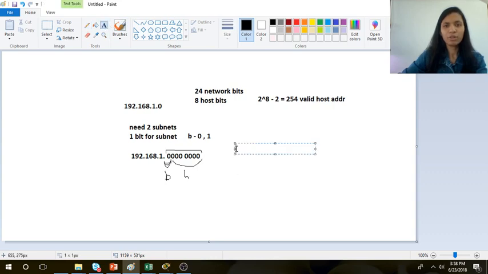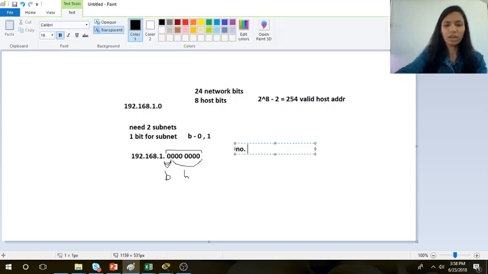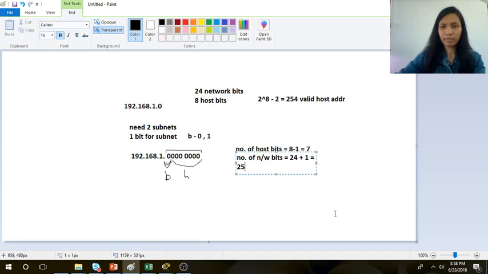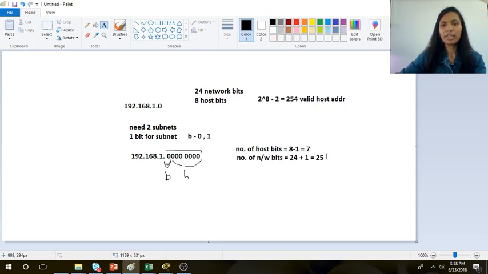So this is going to give you number of host bits equal to 8 minus 1, because 1 you are going to give for representation of your subnet. Number of network bits would be equal to 24, which were your network bits earlier, plus 1 subnet bit. So this will give you 25 network bits. So when you subnet this address into 2 parts, you will get 25 network bits and 7 host bits.